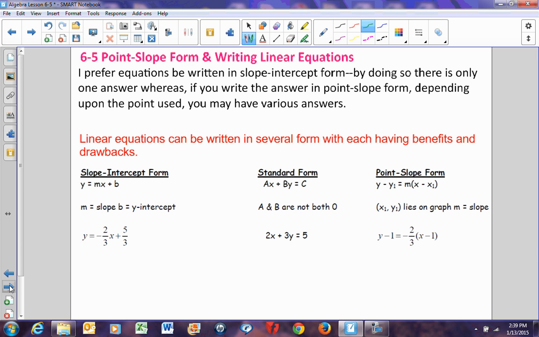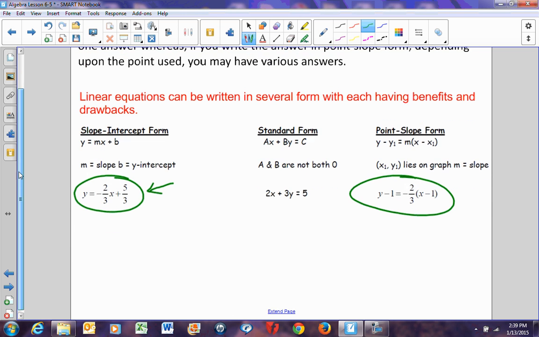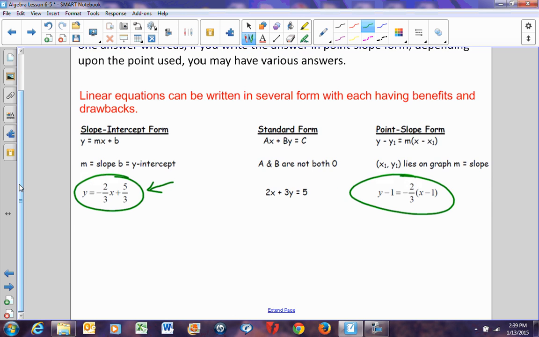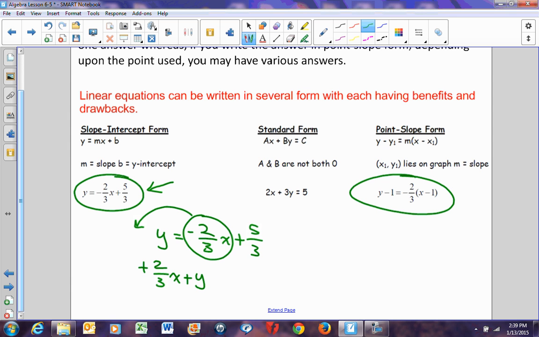As you can clearly see, this form here does not look anything like this form here. Hence why I kind of like it to be written in slope-intercept form. The slope-intercept form I can transfer to standard form, and we'll do that really quickly here. Y equals negative 2/3 x plus 5/3. Okay, first thing I would have to do is move this negative 2/3 x over here. So I would have positive 2/3 x plus y equals 5/3.